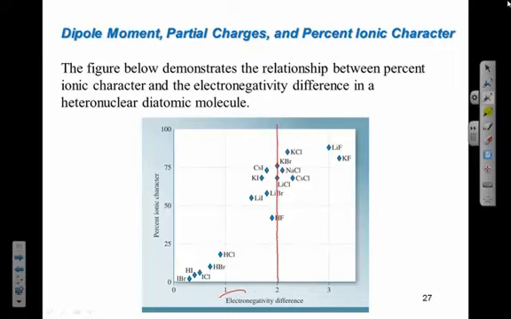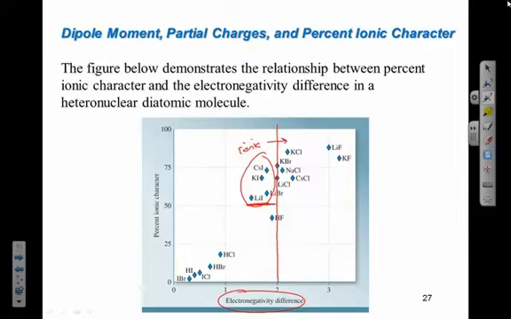If the electronegativity difference of 2.0 were really important, then you should see all of the ionic bonds on the other side of 2.0. But there are many examples of ionic bonds that have electronegativity differences of less than 2.0. So that's not really a very valuable cutoff.